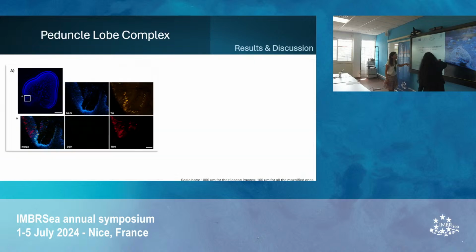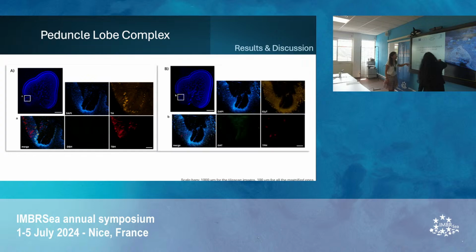Similarly, for the peduncle lobe complex, we can see that DBH is not present here as well. You can see a few cells in the peduncle lobe showing TH, and a specific population of cells expressing DBH.